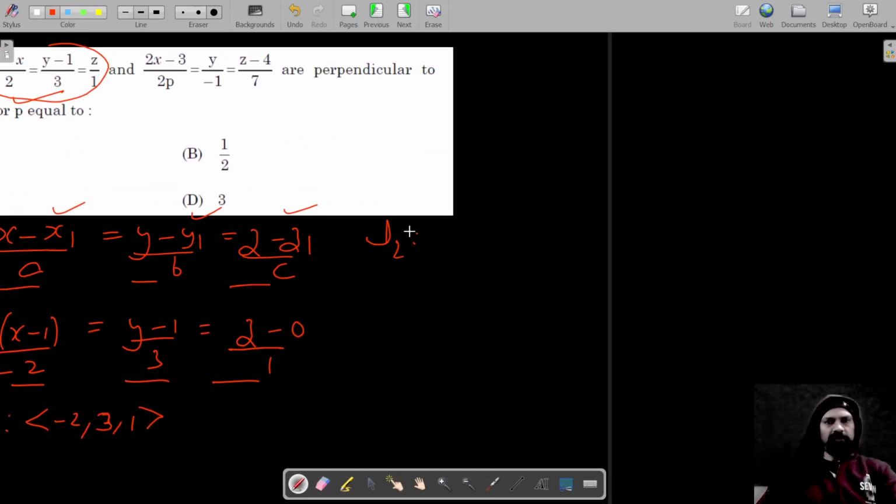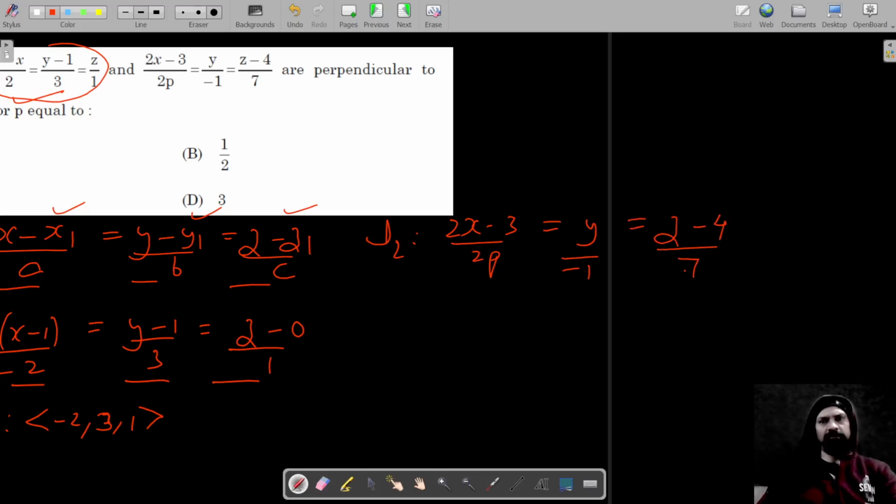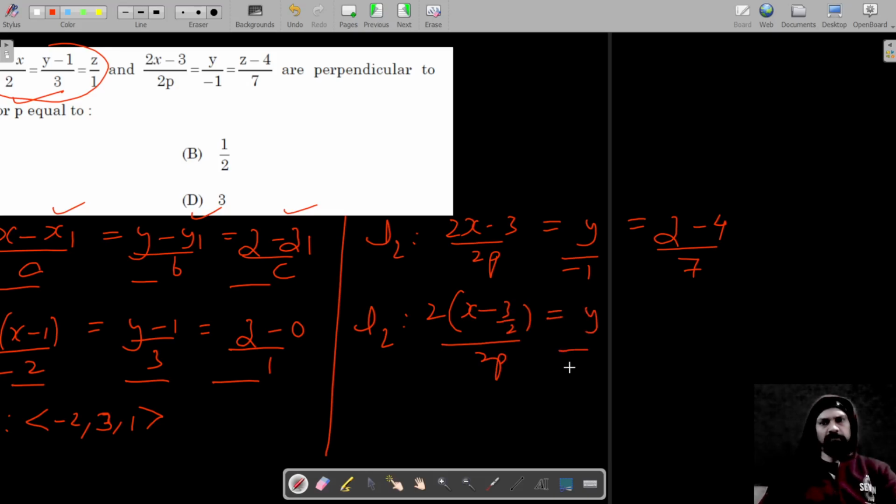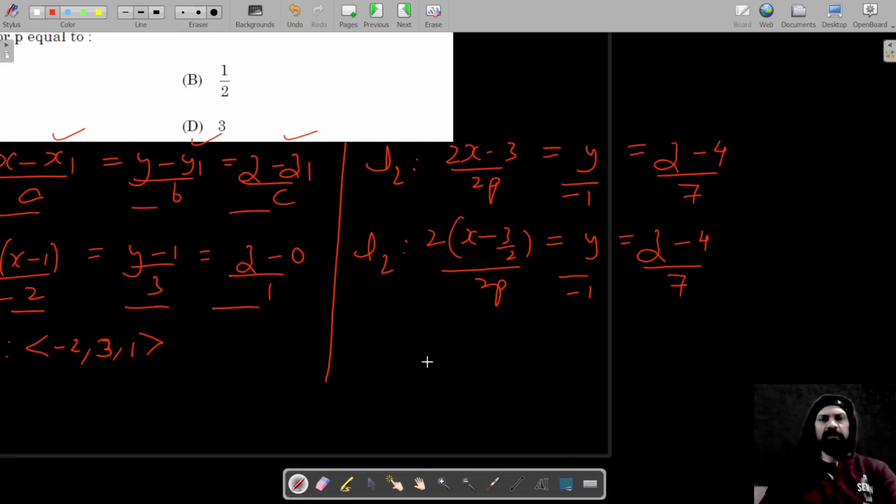let the second be the line L2, and this is (2x minus 3) by 2p is equal to y by -1 is equal to (z minus 4) by 7. Let's write this down in the standard form. Take 2 common. So 2 into (x minus 3 by 2) by 2p is equal to y by -1 is equal to (z minus 4) by 7.